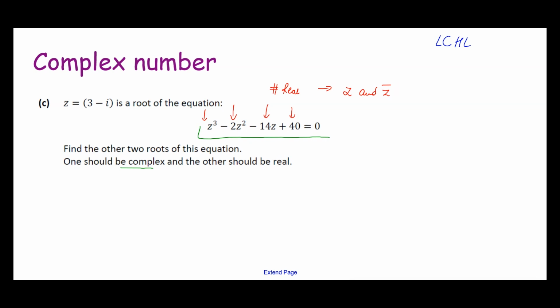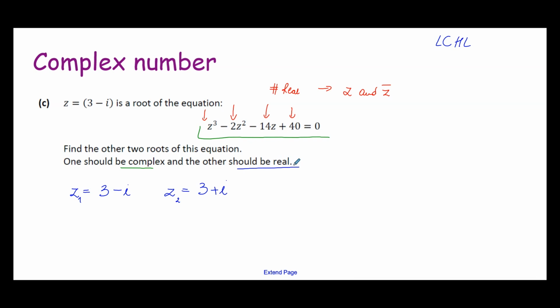So one root is 3 minus i, and the second one is its conjugate, 3 plus i. So I did find two of the roots. Now I just need to find the third root.